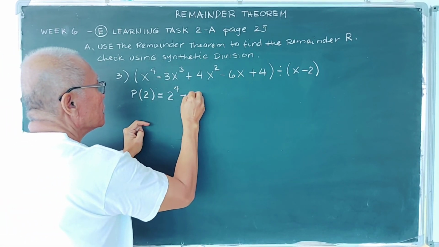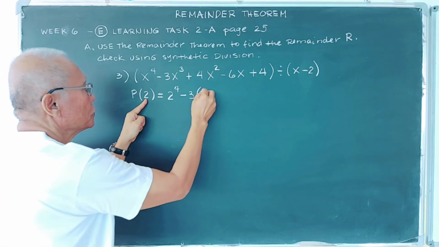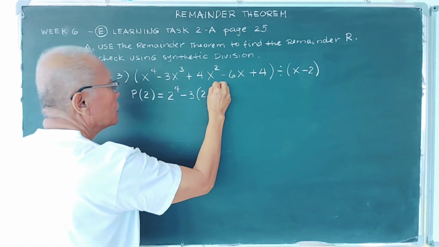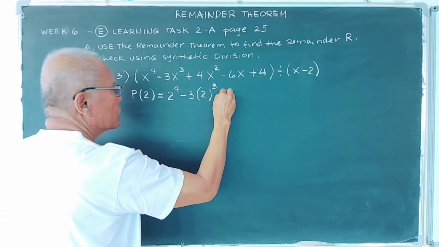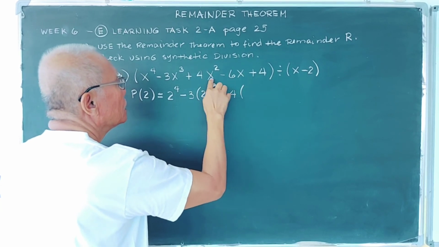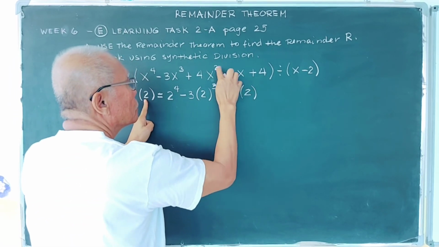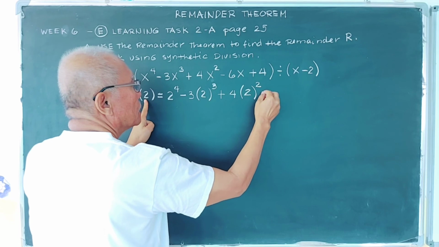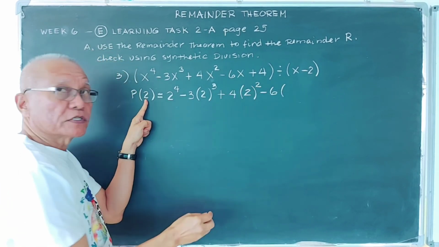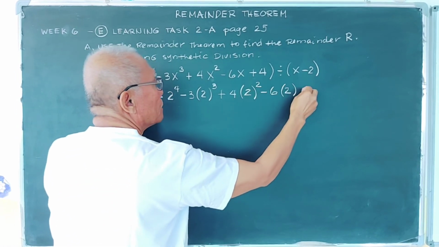Minus 3, bracket o parenthesis, yung x ay 2 to the 3rd power. May plus doon. And then 4 times x ay 2 to the 2nd power minus 6 times x ay 2 and then plus 4.